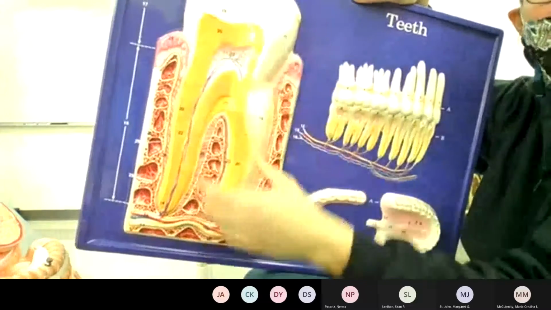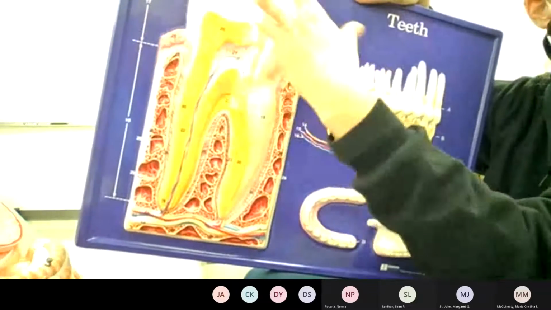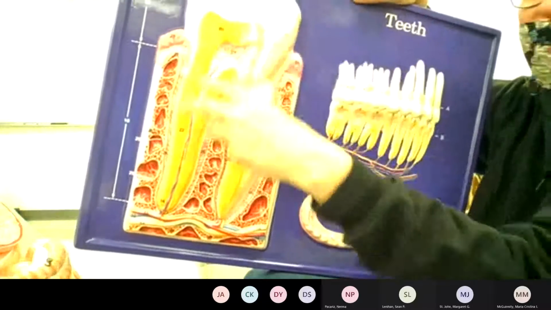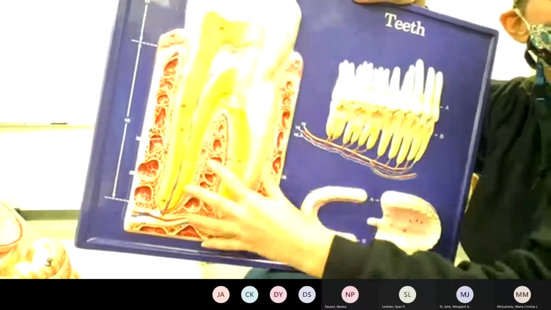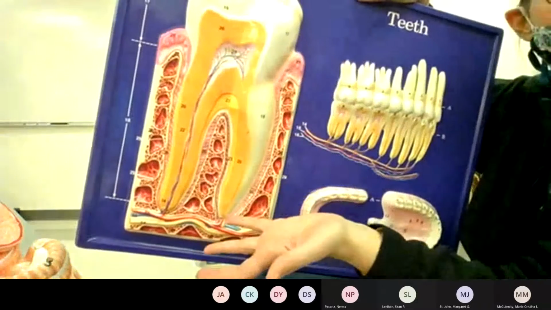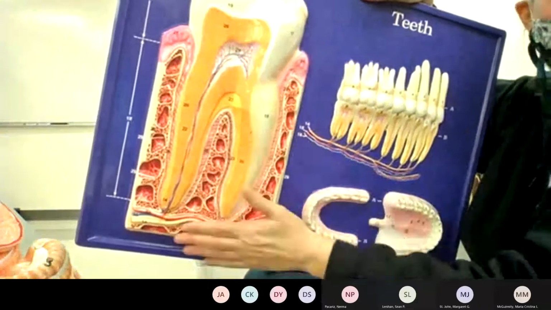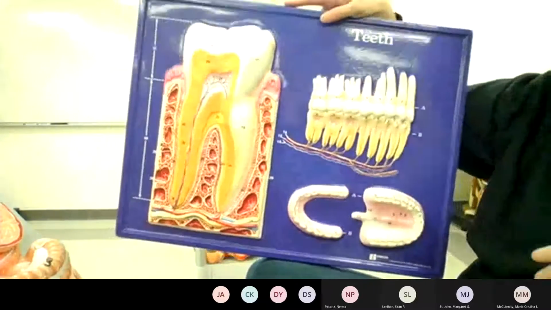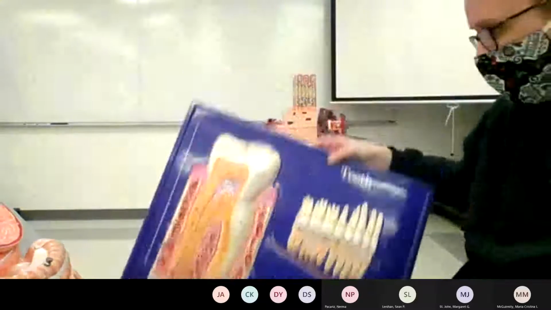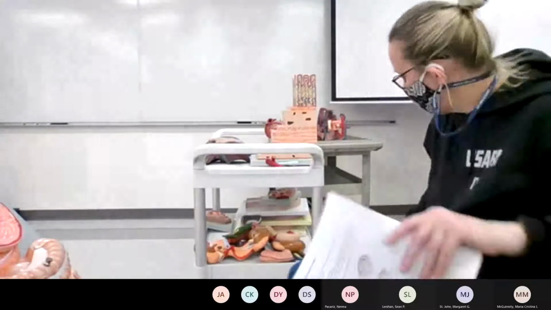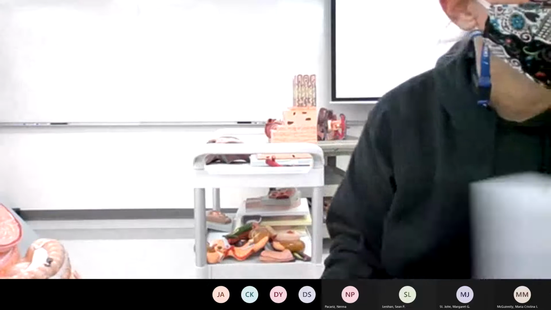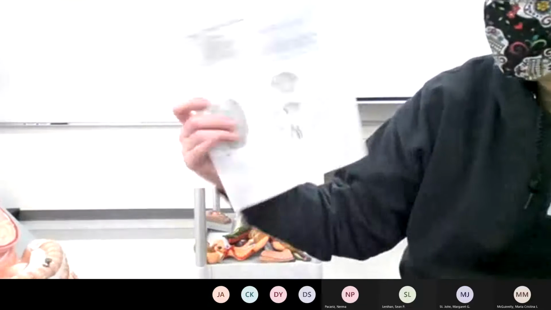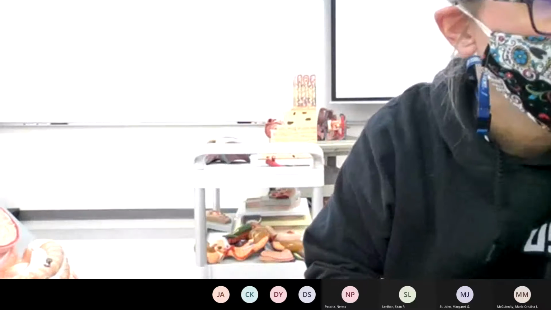Then normally, if the tooth is still dying inside and full of bacteria, cavity, and infection, they go in and kill the root, kill the blood vessels, seal everything, and hope the tooth will remain. And then eventually, if that still doesn't work, they pull it out, and you get fake ones. All of my wannabe dental people, you usually love this lab exam because there are about 10 to 12 questions just from that. All right, so that should get us through the first 2 pages and half of the next page.